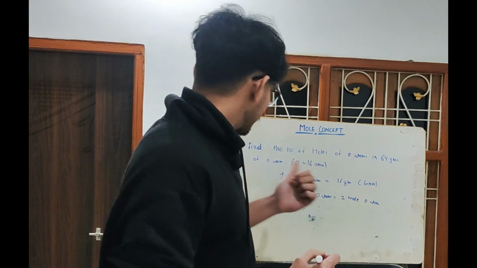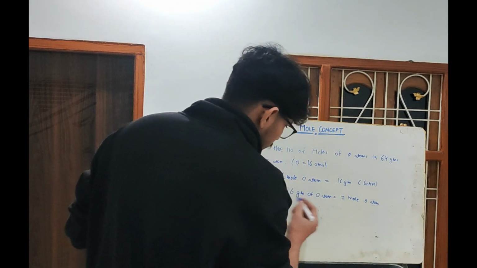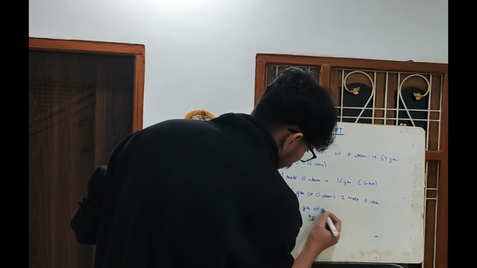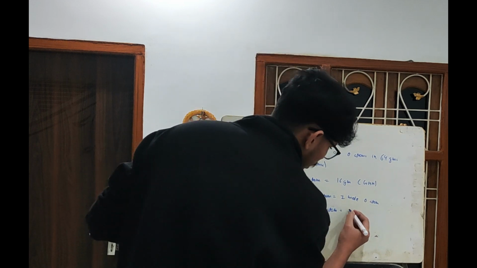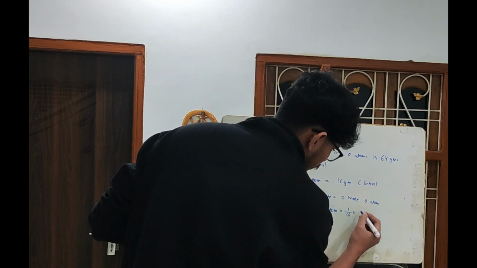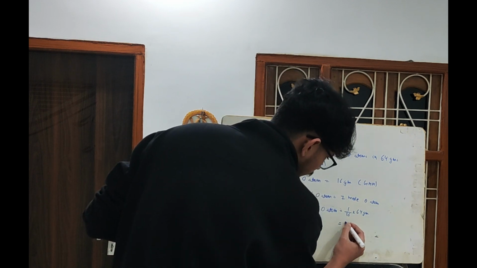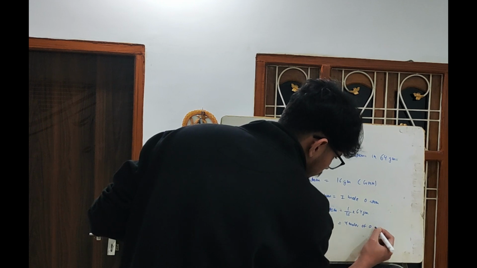Further, in this question 64 grams of oxygen atoms is given, and we have to find the number of moles of oxygen atoms. So in 64 grams we will get 1 by 16 times 64 moles of oxygen atoms, which will give us 4 moles of oxygen atoms.